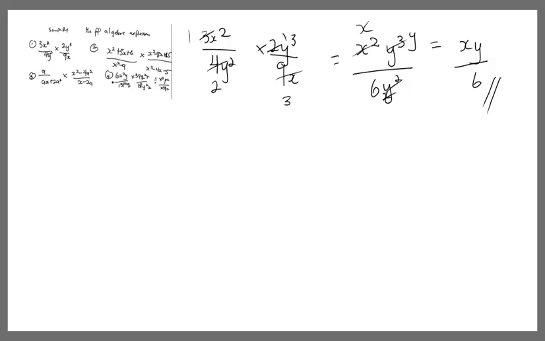Question 2 is going to be quite plenty because of the nature of the question. We have different things all together: a difference of 2 squares, a quadratic trinomial, and then algebraic fractions as well. So for question 2, we have x squared plus 5x plus 6.